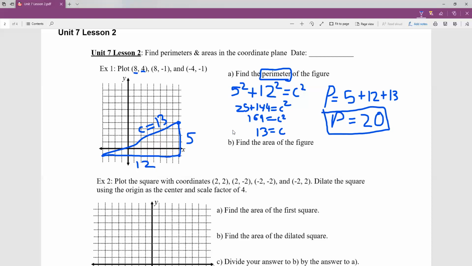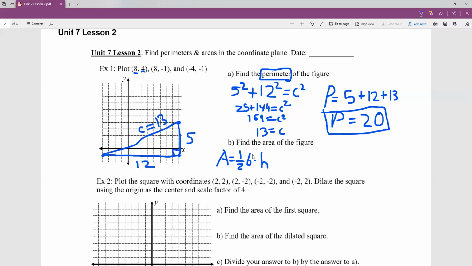Now, for the area of the figure, what we're going to have to be doing is relying on the area formulas that we've been learning the past few classes. So for this first one, we have a triangle, and it's a right triangle. So the area of a right triangle is equal to 1/2 the base times the height. In this case, our base and our height are going to be 5 and 12.